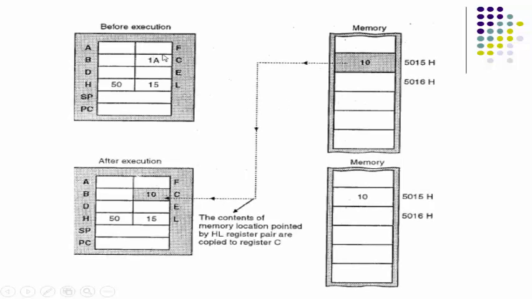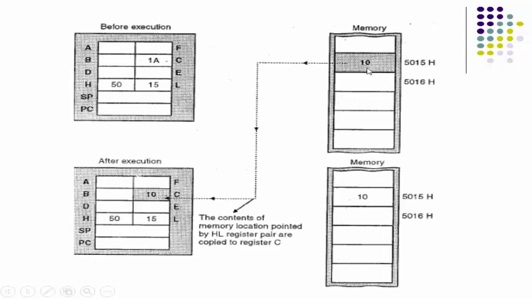In this diagram, like the previous example, before execution the C register has 1A hex, the HL register pair has 5015 hex, and at memory location 5015 10 hex is available.